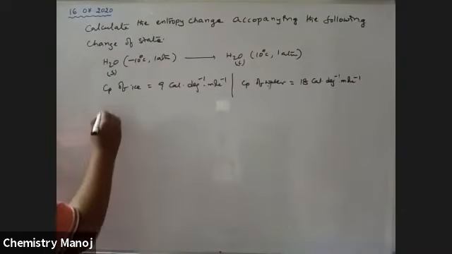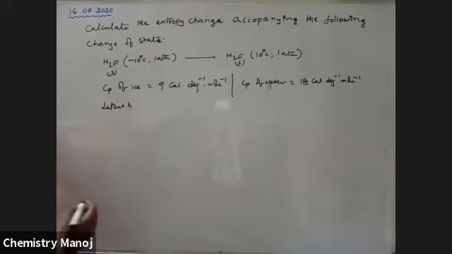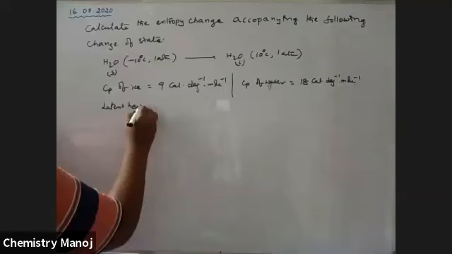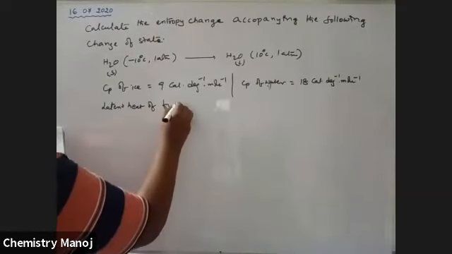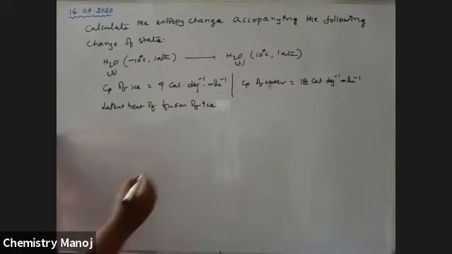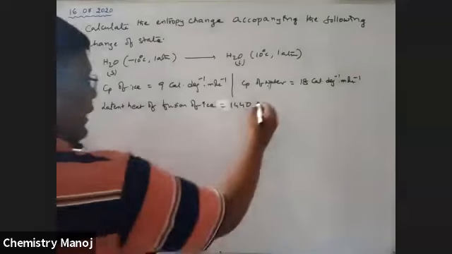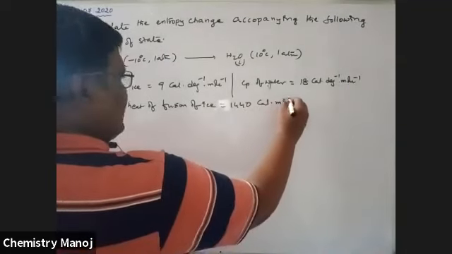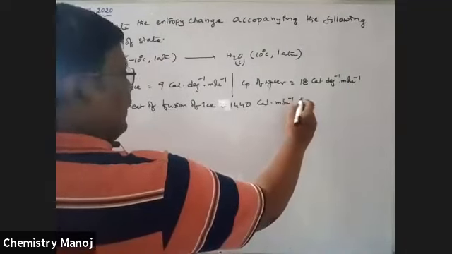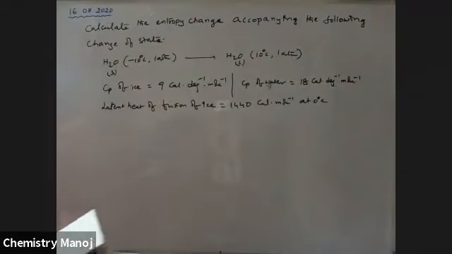Latent heat of fusion of ice, that is delta H fusion, my dear boys, is equal to 1440 calorie mole inverse at 0 degrees centigrade. So this is the given data. Try to calculate based on your previous problem, previous formula.